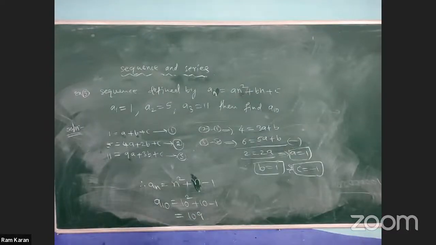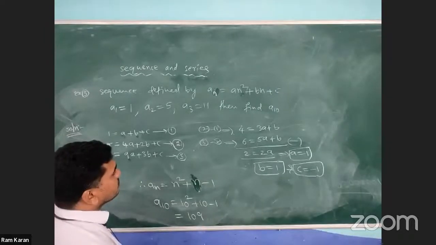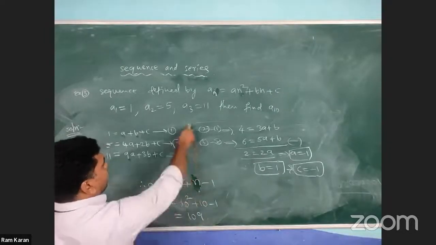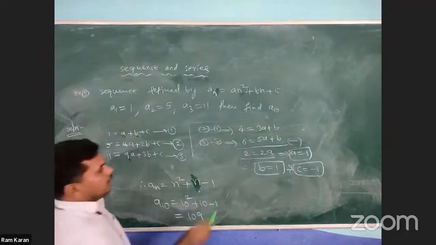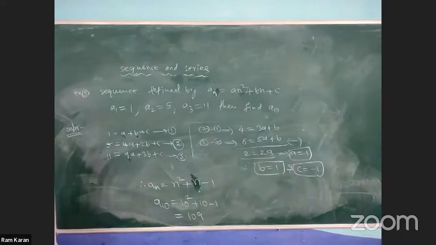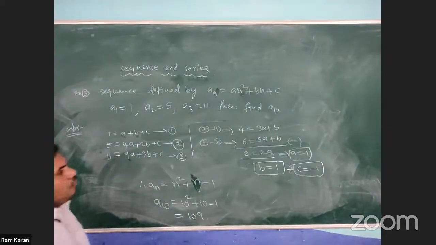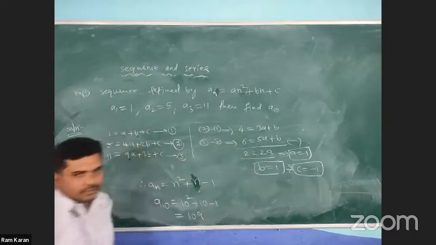Sir, how 5 equals to 4a plus 2b? Sir, minus 5 plus 3a, so minus 2a. 3a minus 5a is minus 2a. 4 minus 6 is minus 2. Okay, cancel.